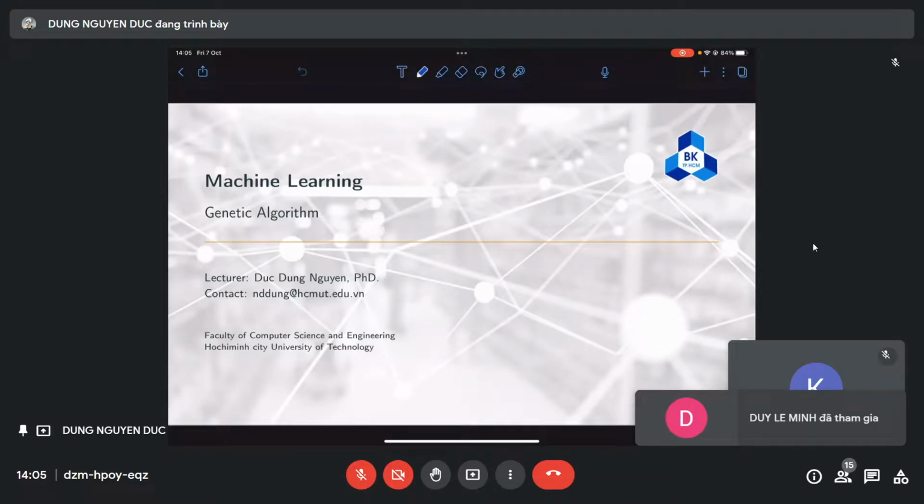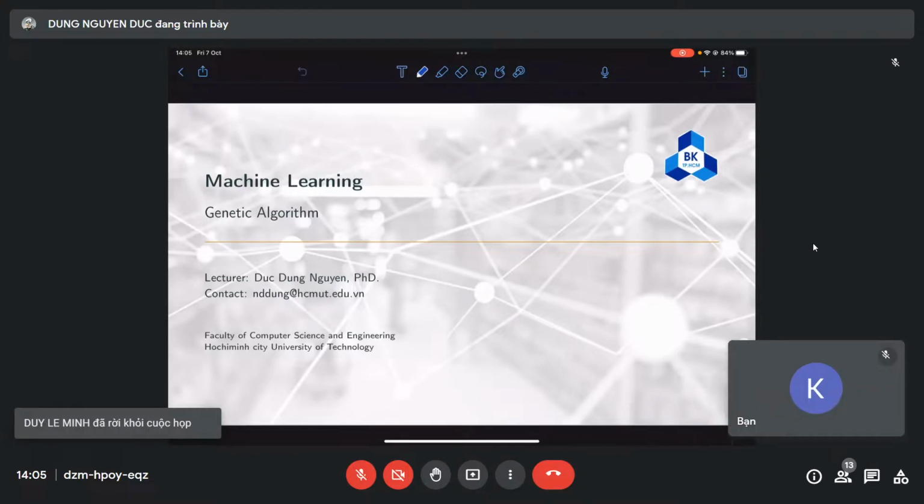And also in nature, we have some phenomena like special people appearing among us, and sometimes we call that the mutation phenomenon. From that observation, people tried to integrate it into an algorithm, and we call that genetic algorithms. An algorithm that is solely based on the nature of evolution.